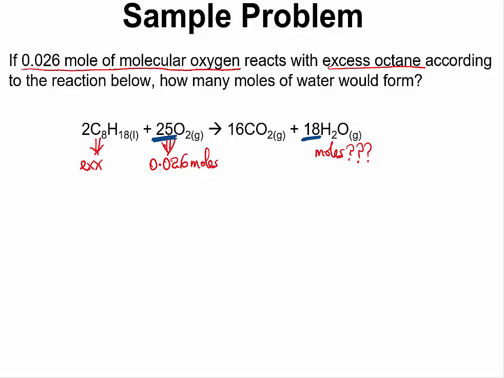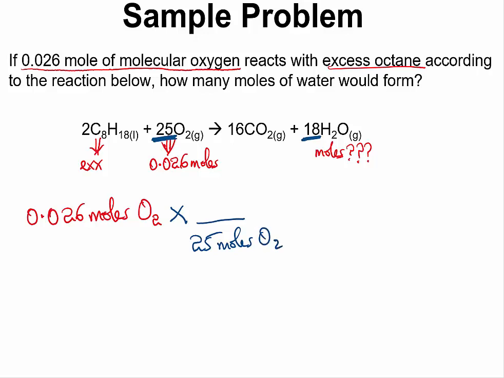So if we have 0.026 moles of molecular oxygen, we can use the relationship between what we want and what we know as our conversion factor, which will be 25 moles of oxygen will normally give 18 moles of water.